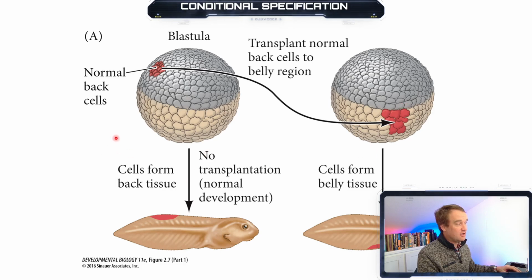If the cells from the back tissue form back tissue, this is normal development, and this would be normal belly development. Let's go to the next slide here.